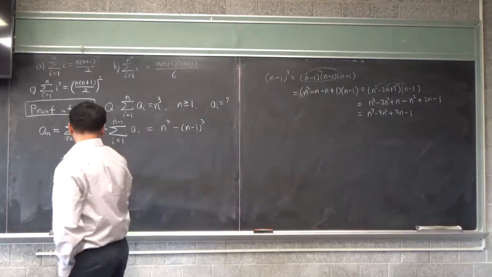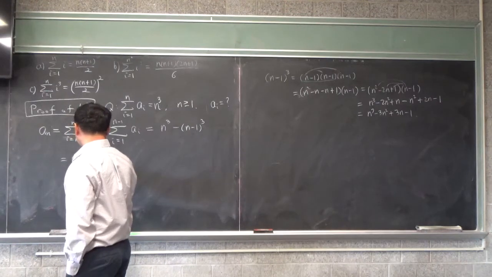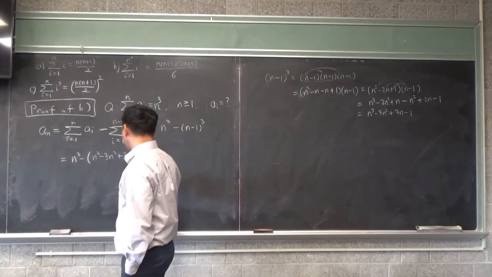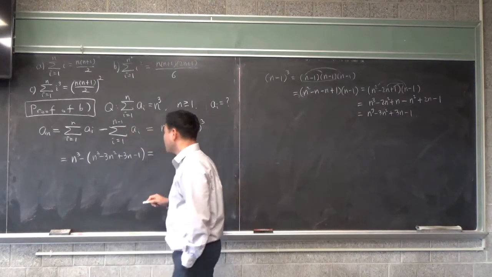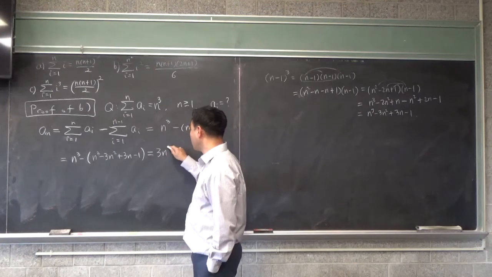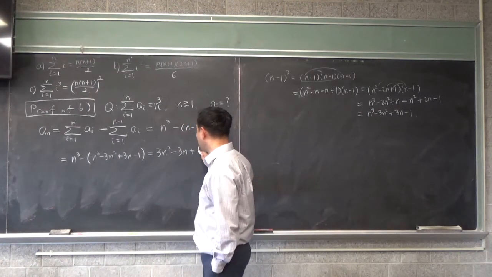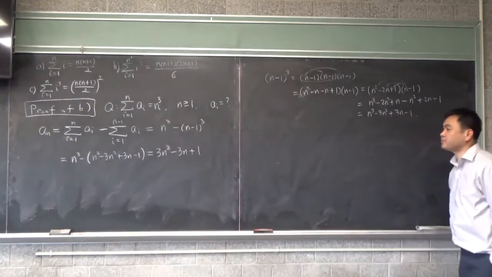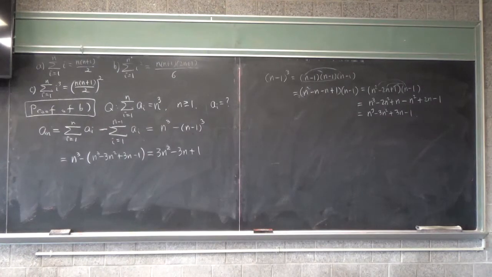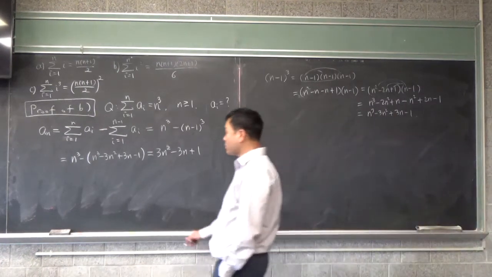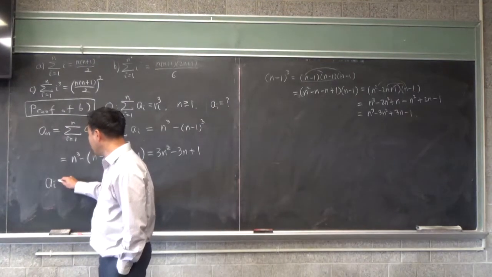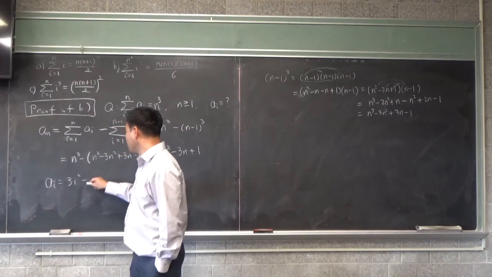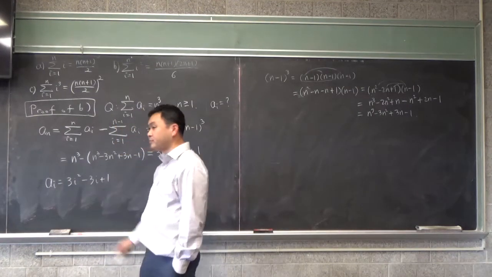So that's equal to n cubed minus (n cubed minus 3n squared plus 3n minus 1), which is 3n squared minus 3n plus 1. Okay, so now we have an answer: since a_n is this, we see that a_i must be 3i squared minus 3i plus 1.